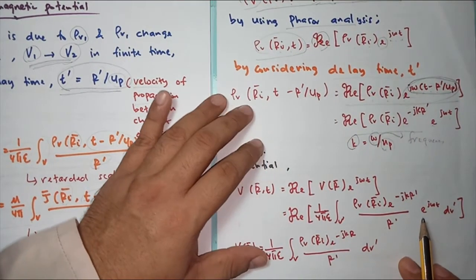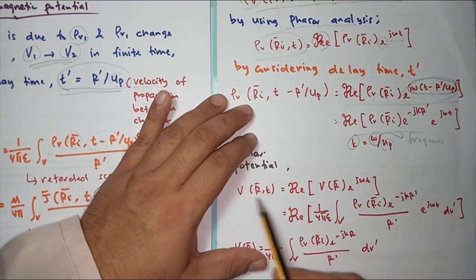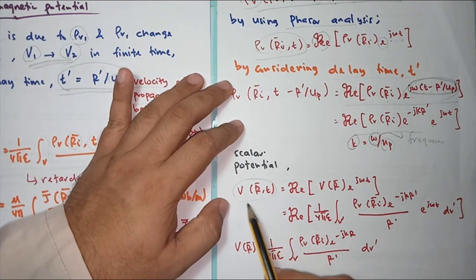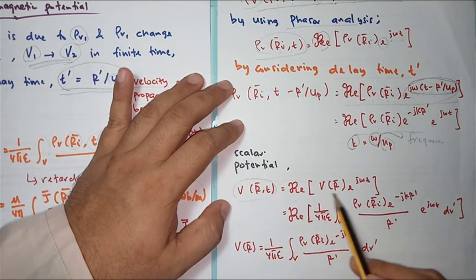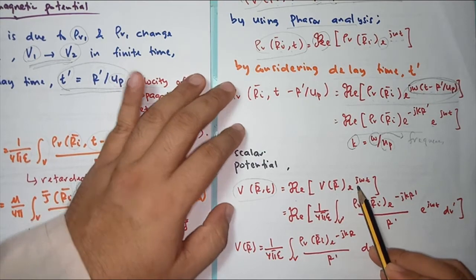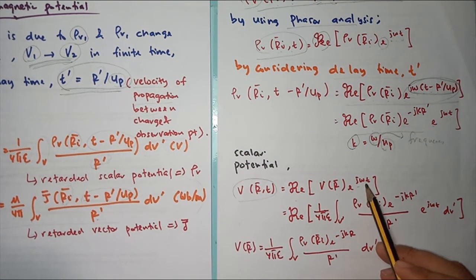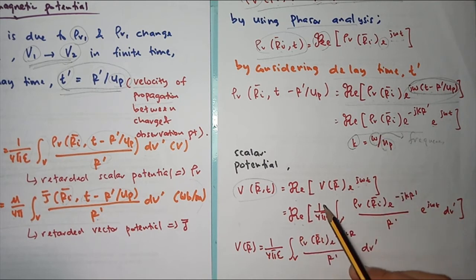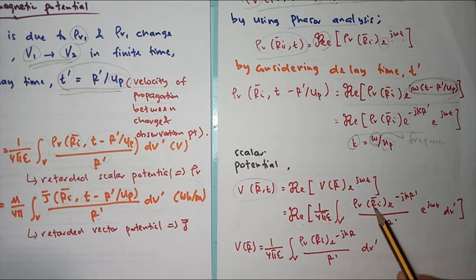So the expression for the potential is given by the real value of V of r, e power exponential j omega t, and this will also be equal to the real value of 1 divided by 4 pi, volume integration of rho v of Ri, exponential minus j k r prime, exponential j omega t, divided by r prime dv.